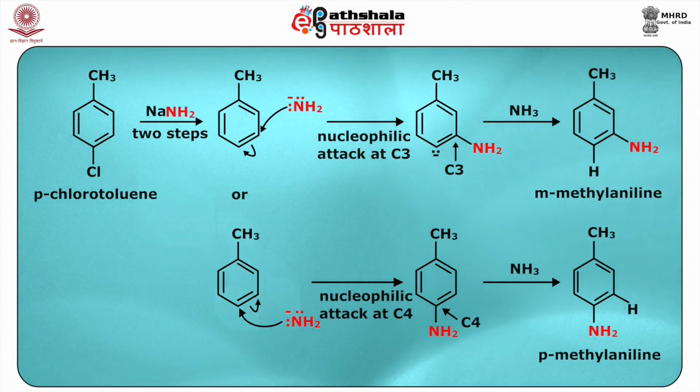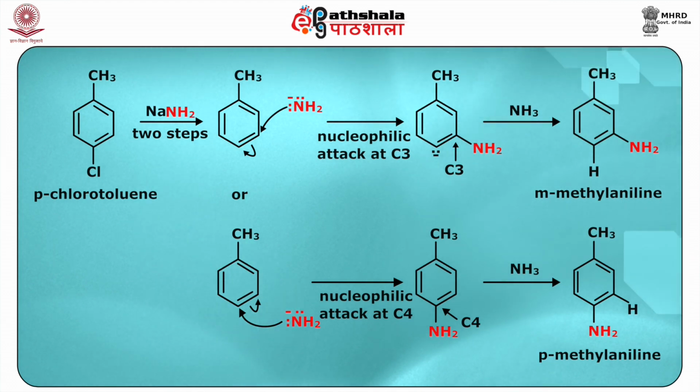Such reactions indicate that nucleophilic aromatic substitution by an elimination-addition mechanism leads to products with substitution on the carbon directly bonded to the leaving group or the carbon which is adjacent to it.